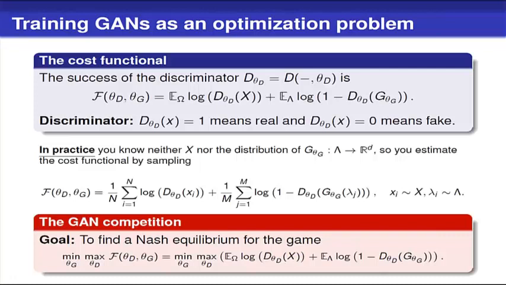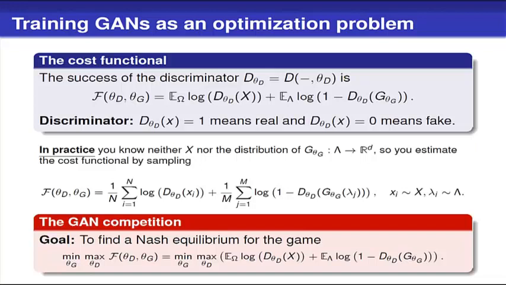And the cost function is the error that D suffers. So if we put the convention that D equal to 1 means that the discriminator thinks that the sample is real, and D equal to 0 means that the discriminator thinks that the sample is fake, then this is exactly the cost function.